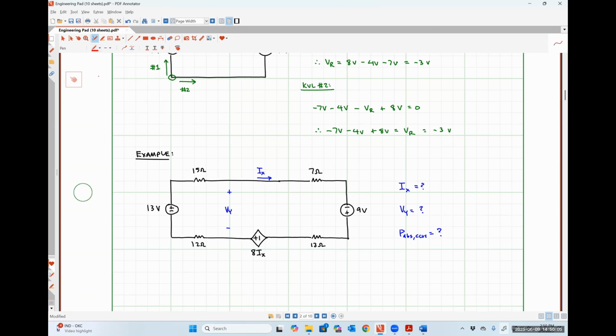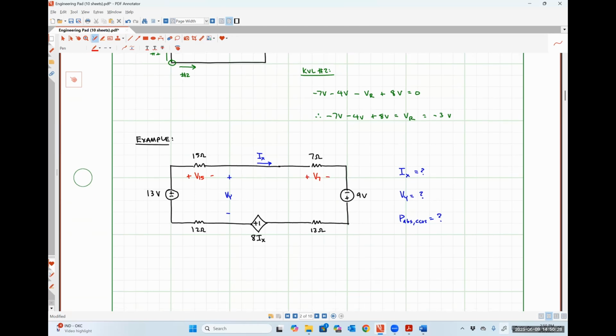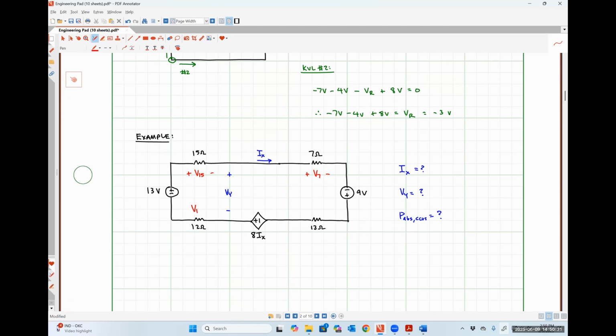So let's say that the voltage drop across our 15 ohm resistor, which I'm going to call V15, has positive polarity on the left and negative polarity on the right. And the voltage drop across our 7 ohm resistor will be positive polarity on the left, negative on the right. The voltage drop across our 12 ohm resistor will be positive on the left, negative on the right. And lastly, the voltage drop across our 13 ohm resistor will be positive on the left, negative on the right, like so.